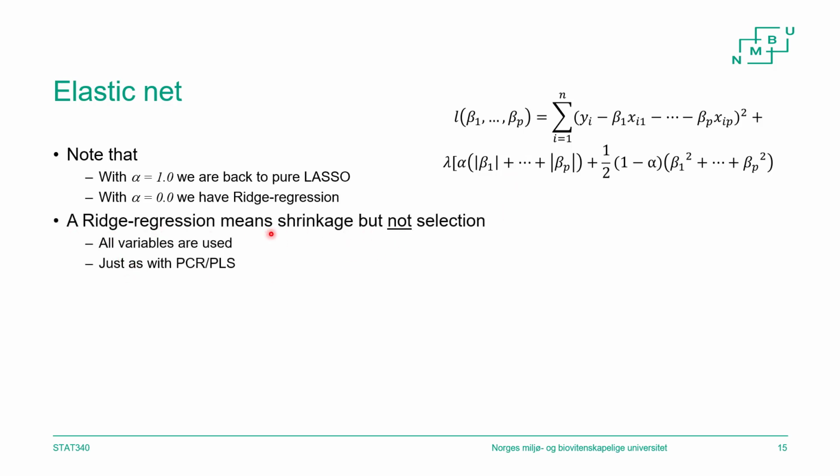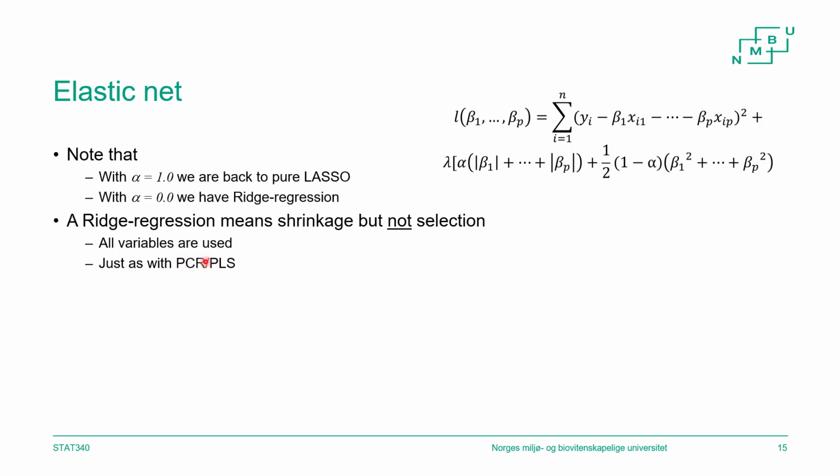So as I said, ridge regression means shrinkage but not selection. All variables are used, and this is just the same as with PCR and PLS actually. So you can actually think of ridge regression as sort of a compression method as well, because it doesn't throw out anything. It uses all the variables, just like PLS and PCR.